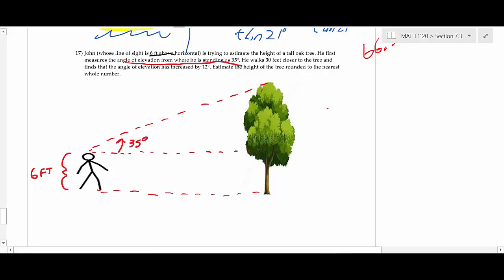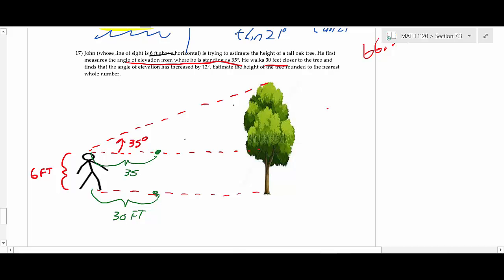Now let's see. The next thing it says is he walks 30 feet closer to the tree. So what I'm going to do on this is take this distance like this and label that as 30 feet. So he's moving closer to the tree. Now he's going to remeasure that angle of elevation. So he's really here, and again, I'm going to put that angle right there.